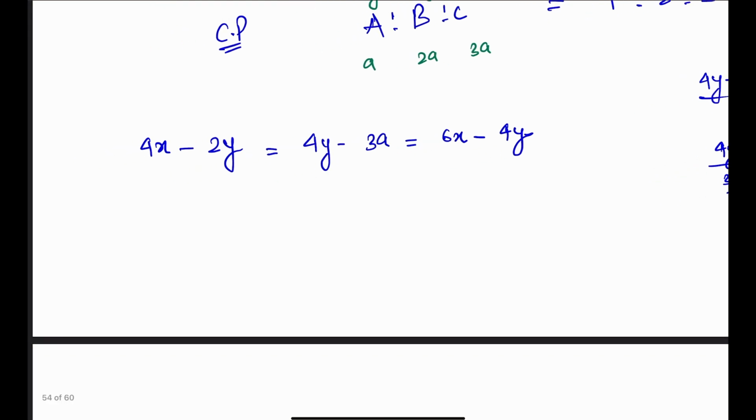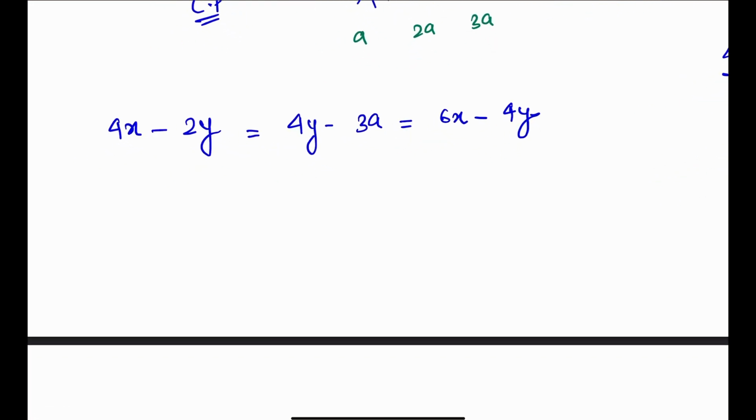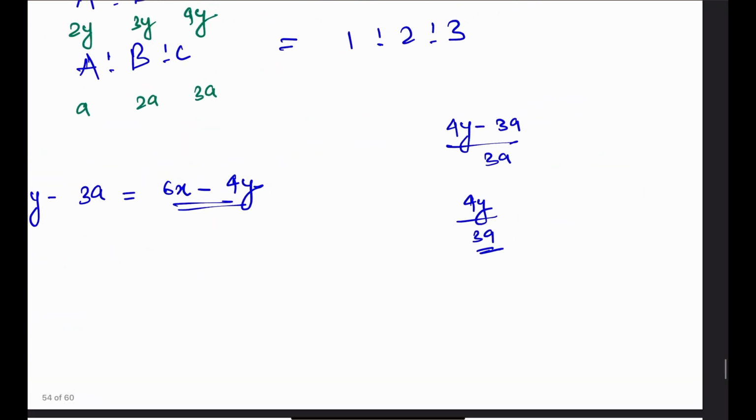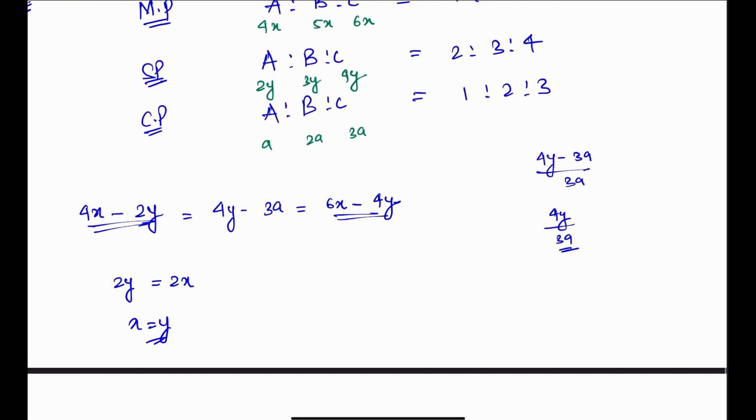Great. So let's try to solve first of all these two equations. So it will be 2x is equal to 2y, x equal to y, okay.